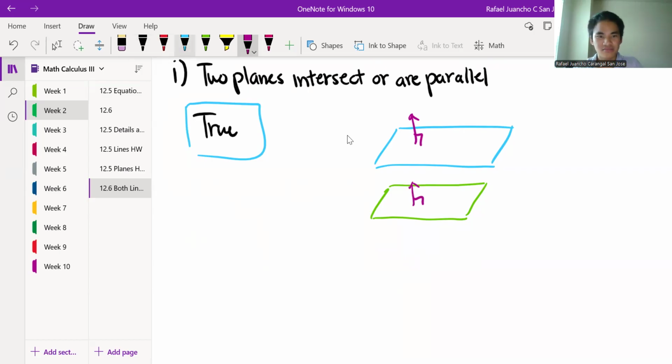They intersect somehow, and then they have this line that makes them intersect. So it's just either parallel or intersecting.